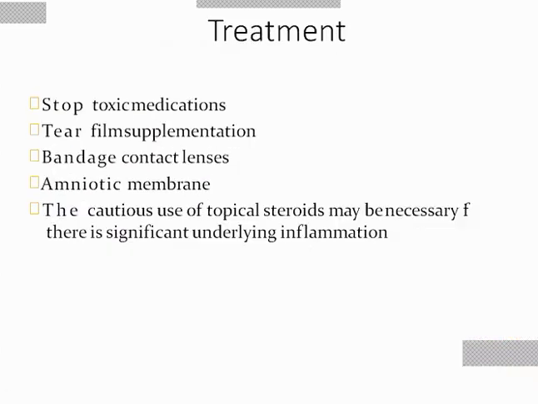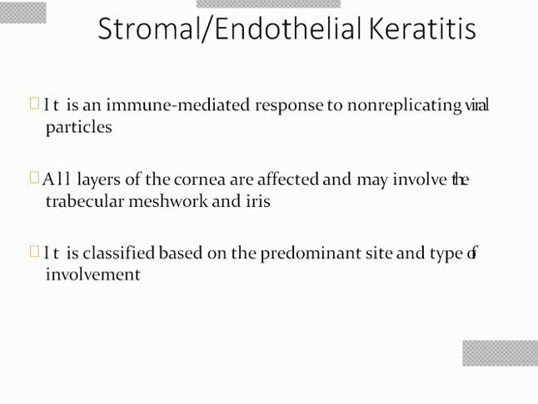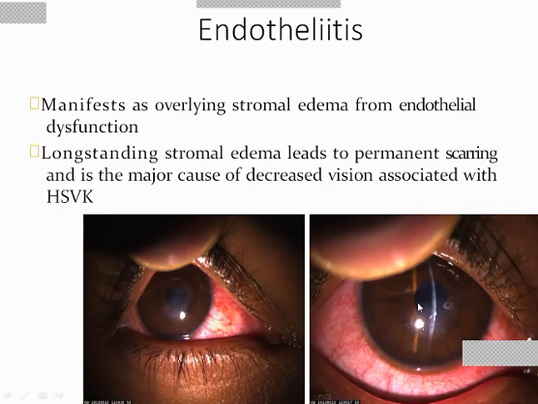So I told you about the endothelitis in the previous class, whereas herpes zoster keratitis can involve the endothelium. Then it can also infiltrate into the anterior chamber, irritate the iris and produce a stickiness of the endothelium.